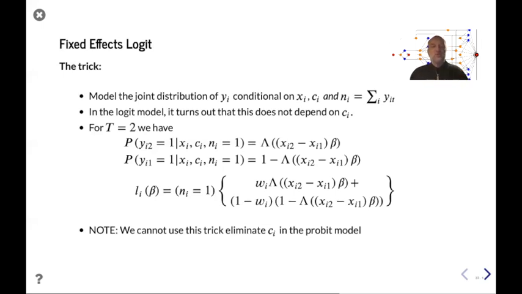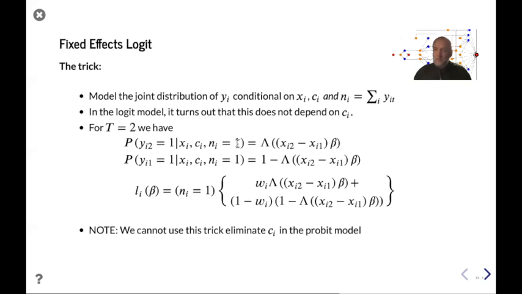Just to show it for the time period t, take an observation where we have 2 time periods, the simplest possible case. Here is the probability of yi2 being equal to 1, conditional on xi, ci, and ni equal to 1.